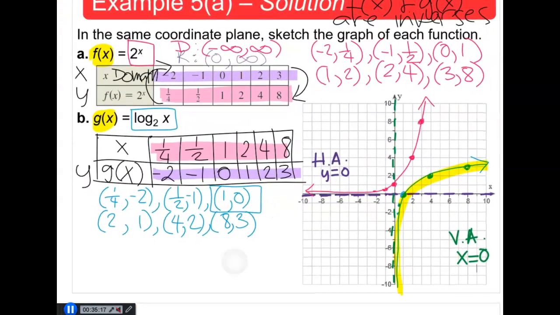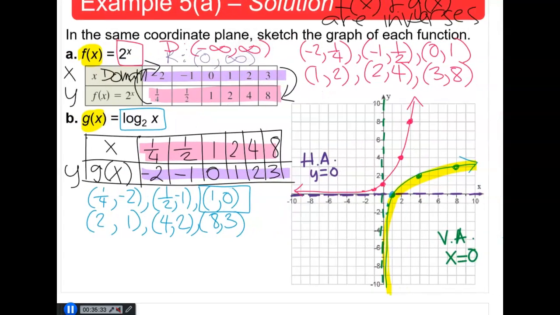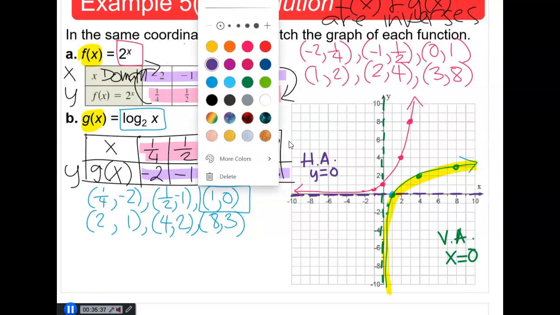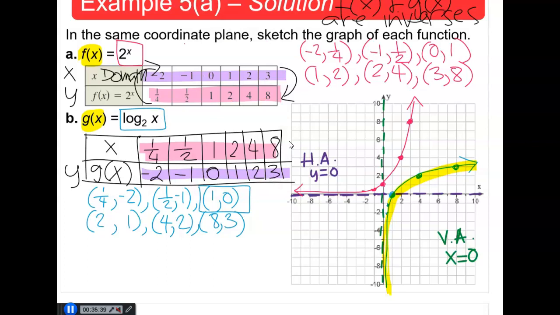Now we already know they're inverses of each other. We even created the table in that way. So now what we're going to do is, in fact, I want to change the color of this just because of the highlighting that I did. Okay, so in this case, we have domain was all real numbers, right?